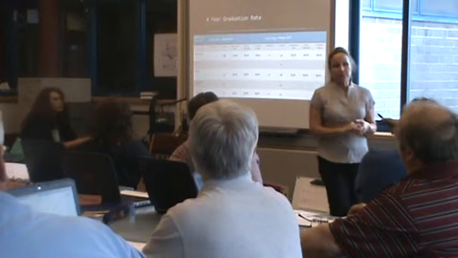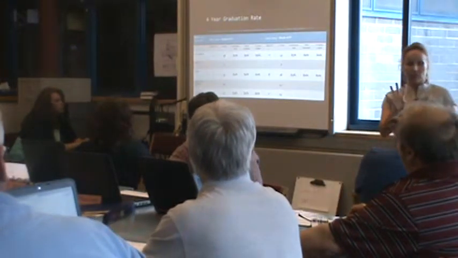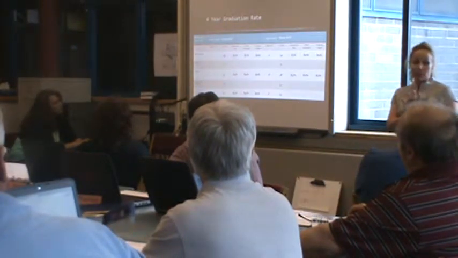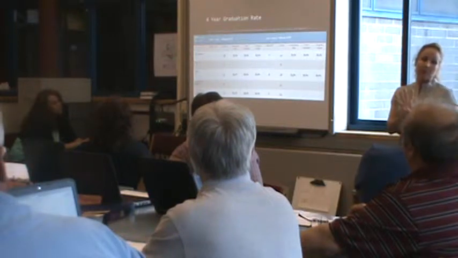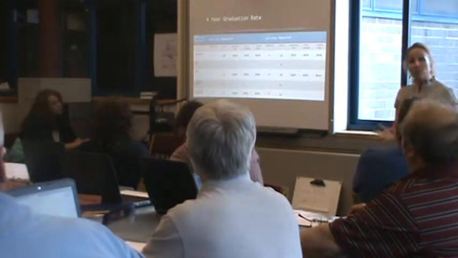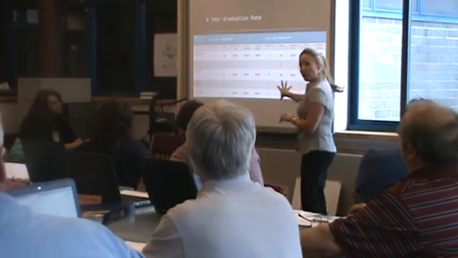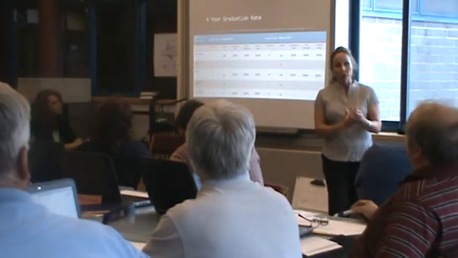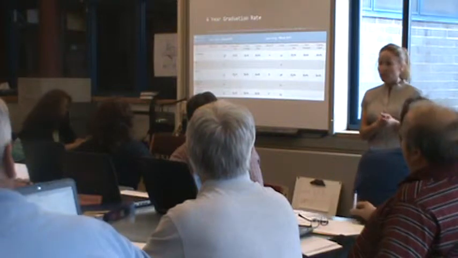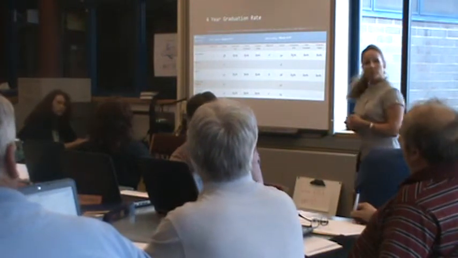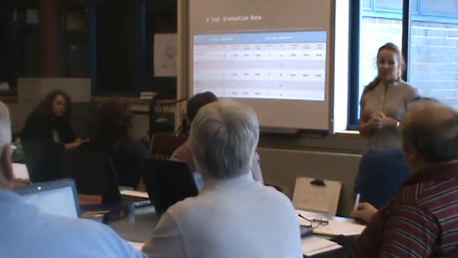It says 4-year graduation rate. Is that a rolling average or something? It is, and they also have, I didn't put it up here, Randy, but they also have a 5-year. Because again, recognizing that some students might take 5 years to graduate. But this is where their focus is: how many students are graduating in 4 years? It should be at 80%. How many are graduating, and it takes 4 years to graduate?